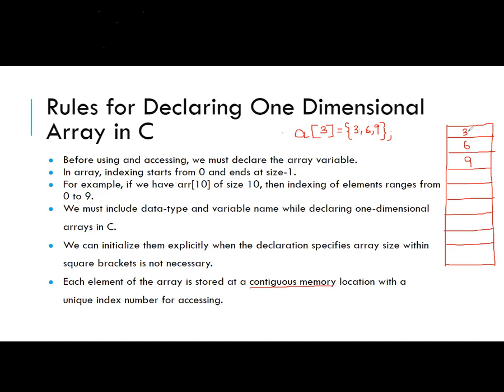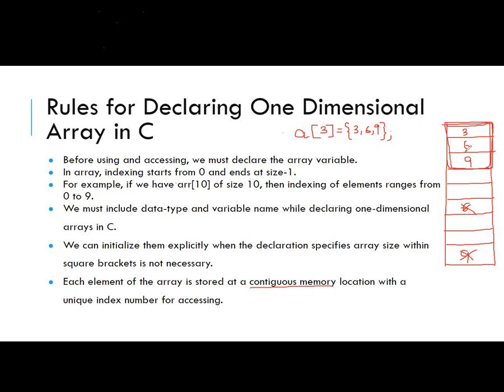The very next location is allocated to the next element. That means I cannot have 3 here, 6 somewhere here, and 9 somewhere else. That cannot be done because the memory allocation is contiguous, that means a continuous block of memory.